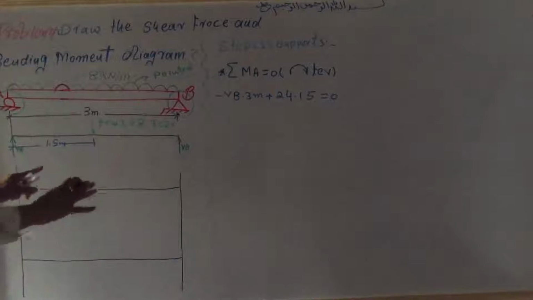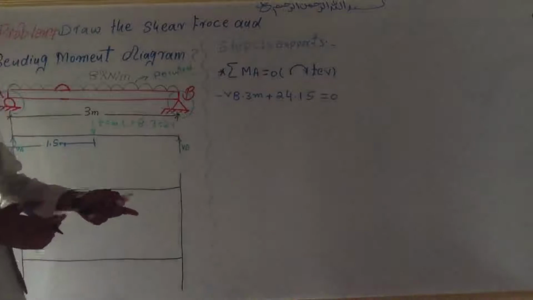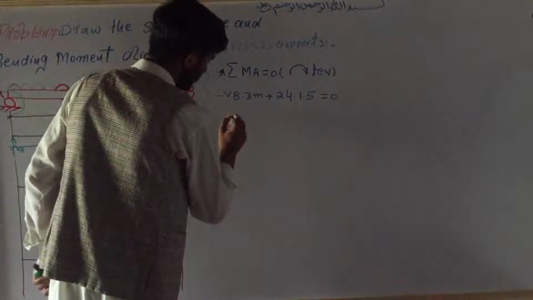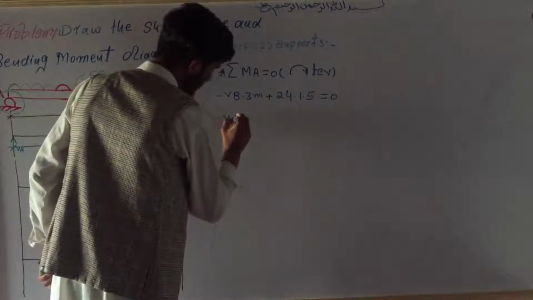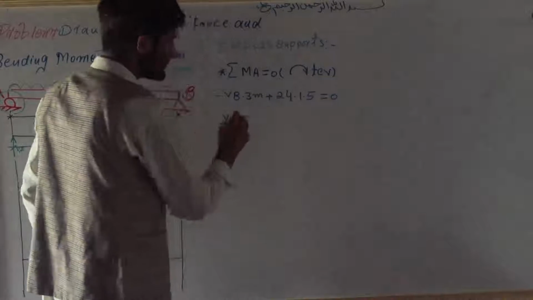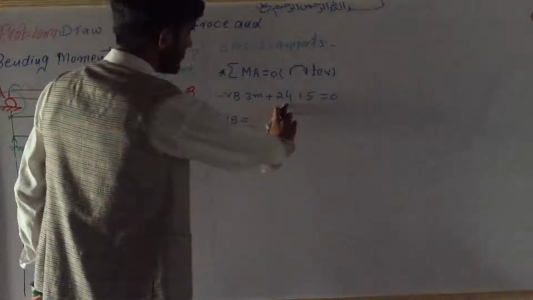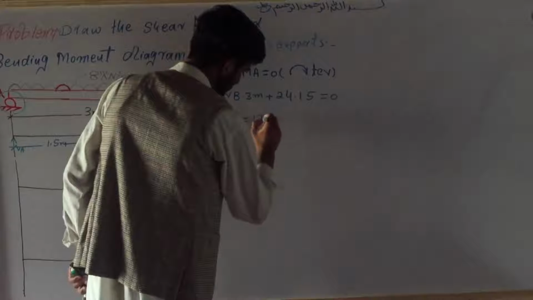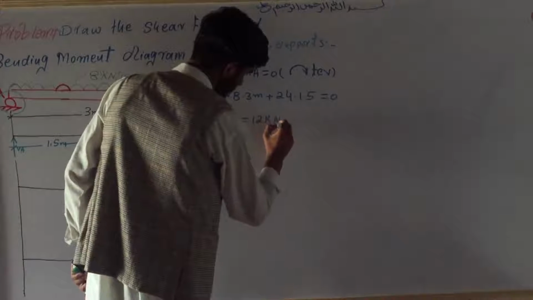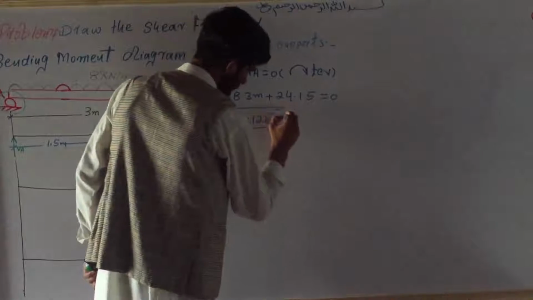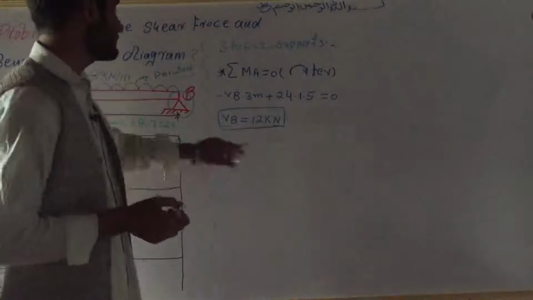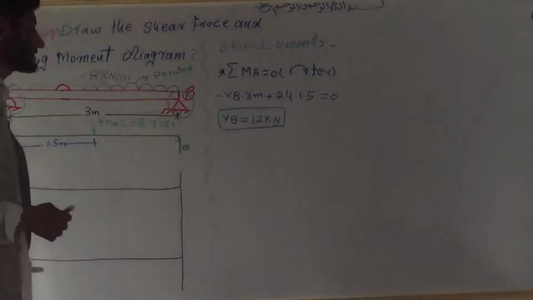Because we don't have any other load on this beam. So we calculate VB. VB is equal to 12 kilonewton.